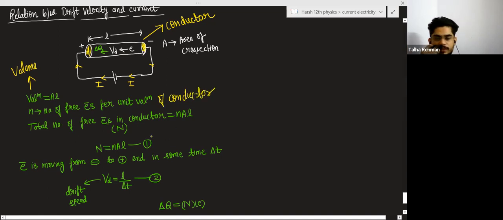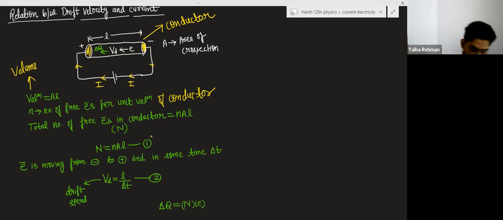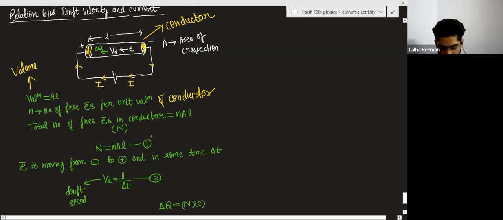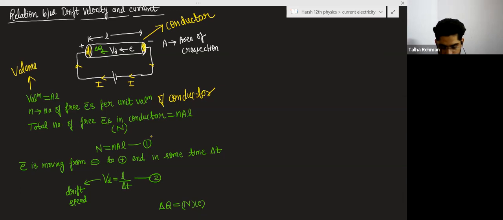All the things here are for the conductor. The length is L, the length of the conductor. Capital N is the total number of free electrons in the conductor.